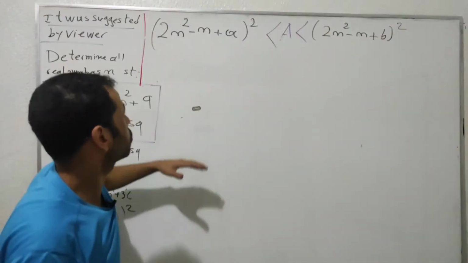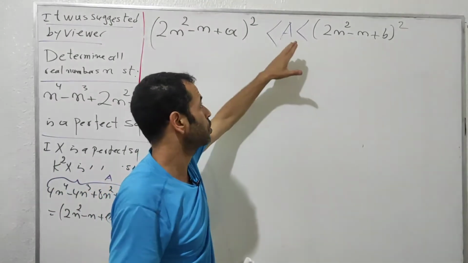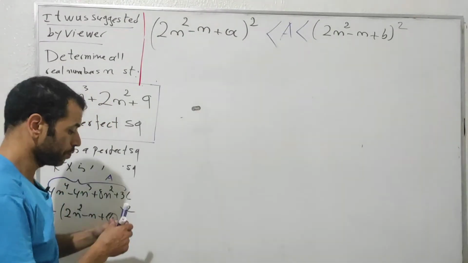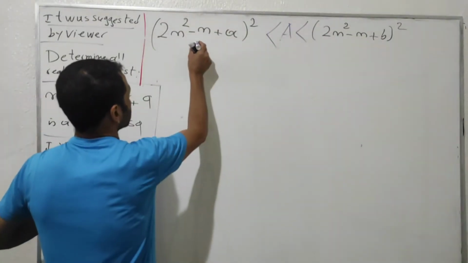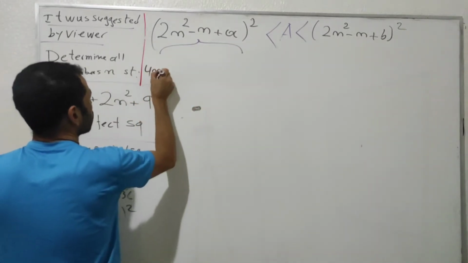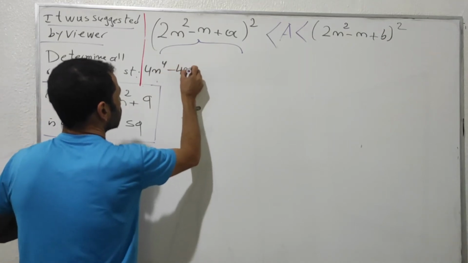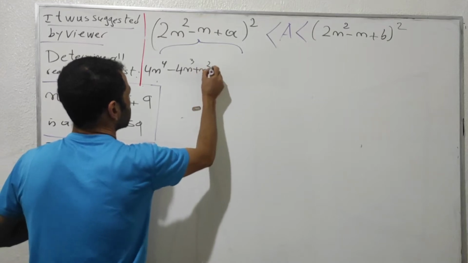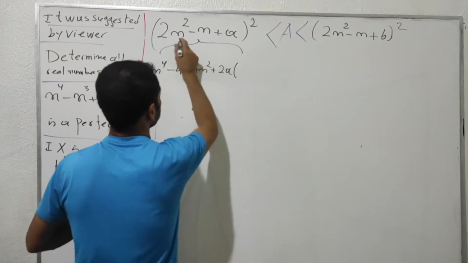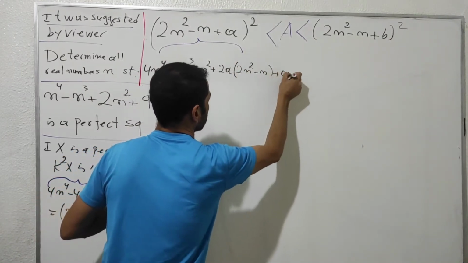In order to do that, I'm going to expand this out and compare the coefficients by matching them one by one. As I expand this out: 4n to the fourth minus 4 times n cubed plus n squared, plus 2 times 2a multiplied by 2n squared minus n, plus the last term, a squared.